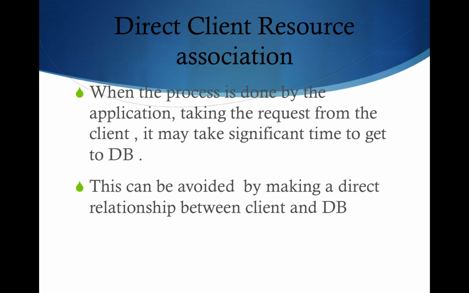Another design pattern to reduce the response time is creating a direct association between client and server. When a client tries to access a resource from the DB through the servers, it has to go through the application, and if the application wastes a significant portion of time in processing and network latency, then we can avoid this using client and resource direct association.